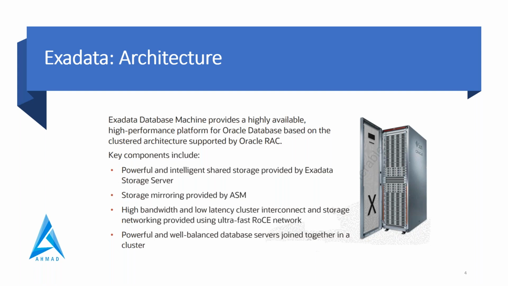Normal protection ensures that 2 copies of data are maintained on separate Exadata storage servers, while high-level protection maintains 3 copies of data on 3 separate Exadata storage servers. So this is the important point for shared storage.